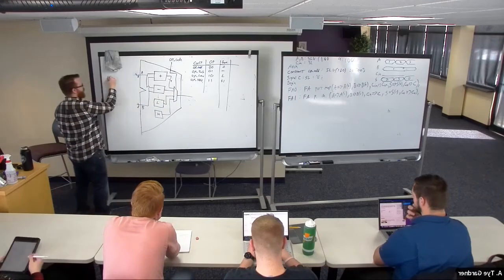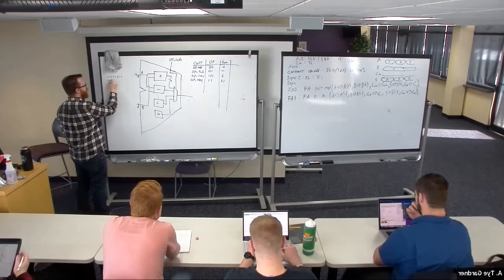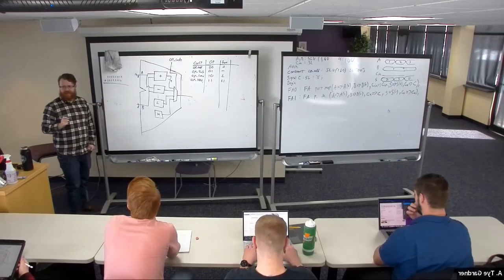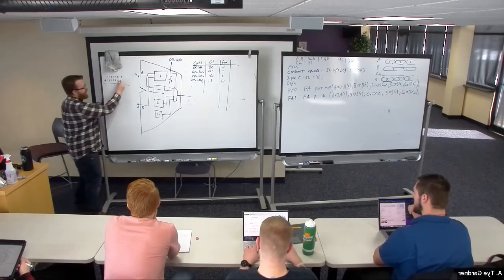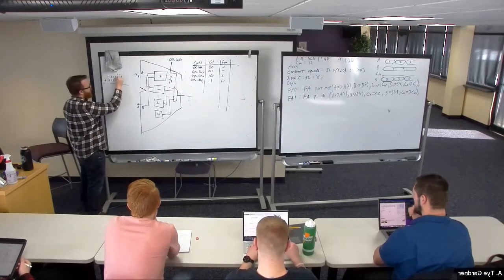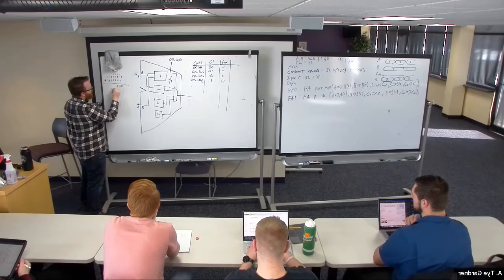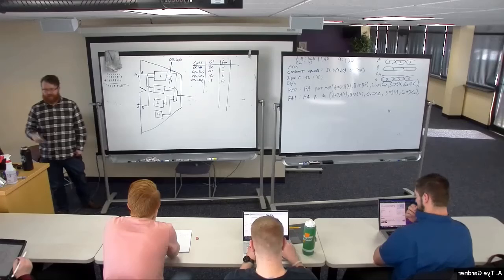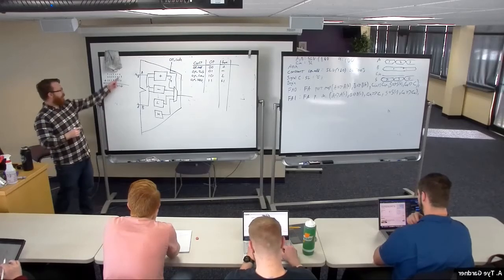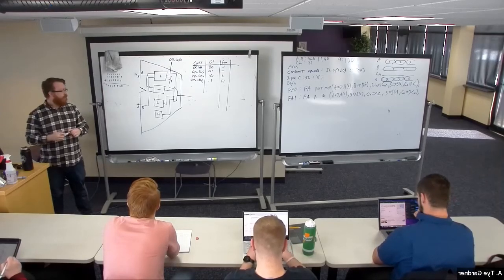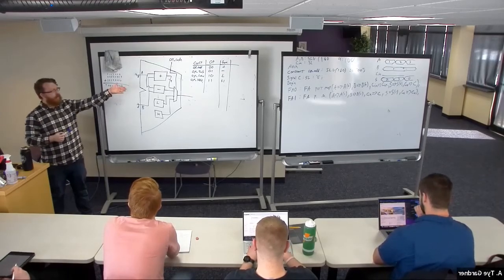Because that's the biggest number I can add together. 1, 1, 1, 1, 1, 1. Sorry, 1 plus 1 is 0, 1, 1, 1. Right, 9-bit number. 2 odds make an even. Easy check. That's all this is going to do. It's going to have a 9-bit result.